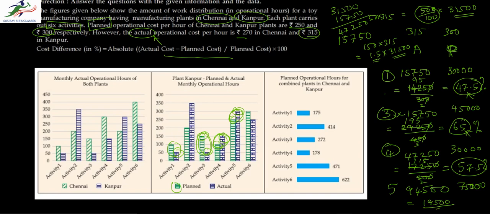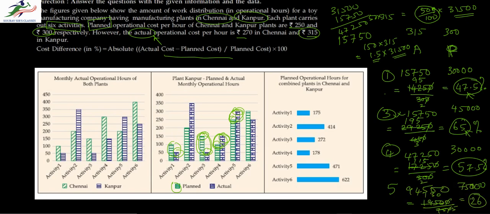by 750, which is again divisible by 15. So 130, and this is 5. So 130 by 5 is 26.